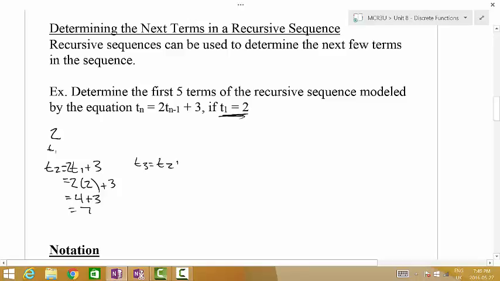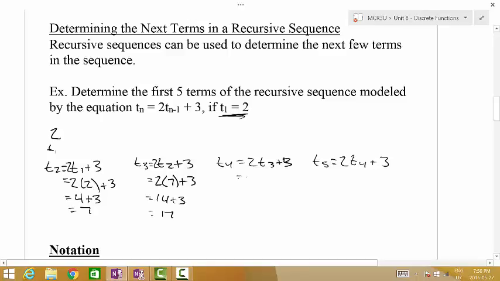Continuing on, we have T3 equals 2 times T2 plus 3. T4 is 2 times T3 plus 3. T5 is 2 times T4 plus 3. So we're going to plug in, we know T2 is 7, and we're going to work through that.